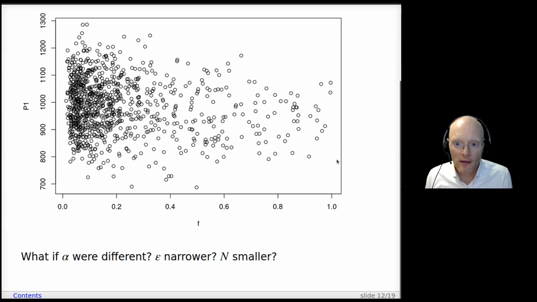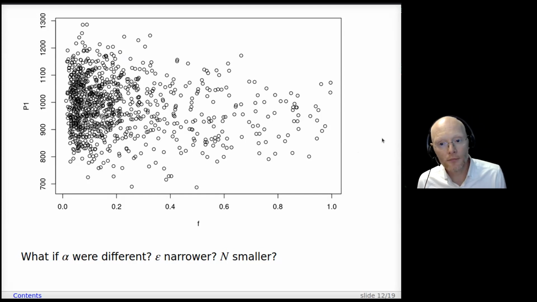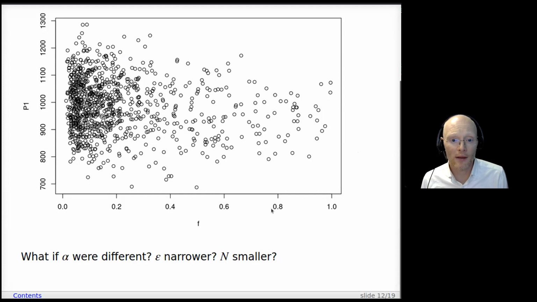Now, I want you to take 10 minutes and think through a series of questions. If you get stuck, you can come back for a hint. But I'd like you to pause and think about these. We've assumed a particular value for this parameter alpha, size of this effect. Qualitatively, how would the look of this plot change if alpha were stronger? So instead of being minus 50, it was, say, minus 500.